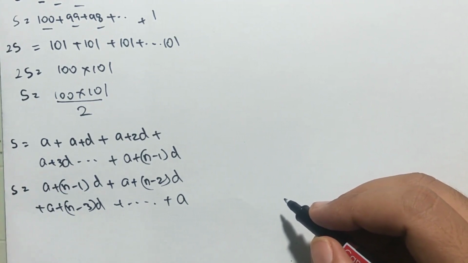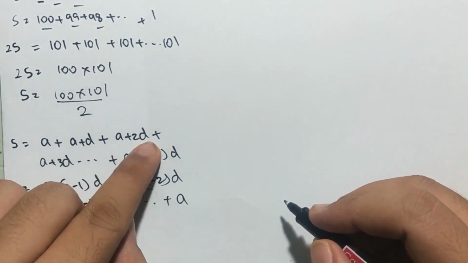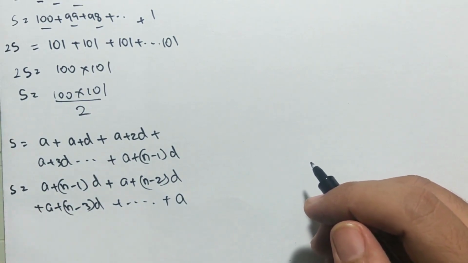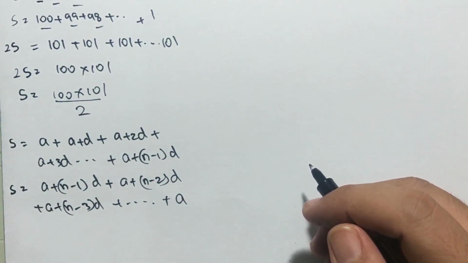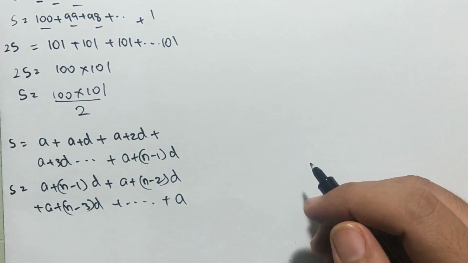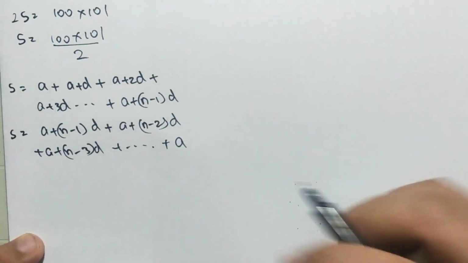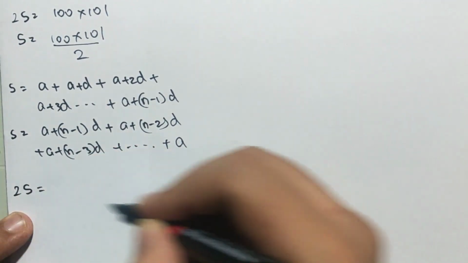These two sums are the same because here we have written in ascending order and here in descending order, but the sum would remain the same. It's like 1 plus 2 or 2 plus 1. The answer remains the same. Now we will add these two. Adding these two will give me 2s.